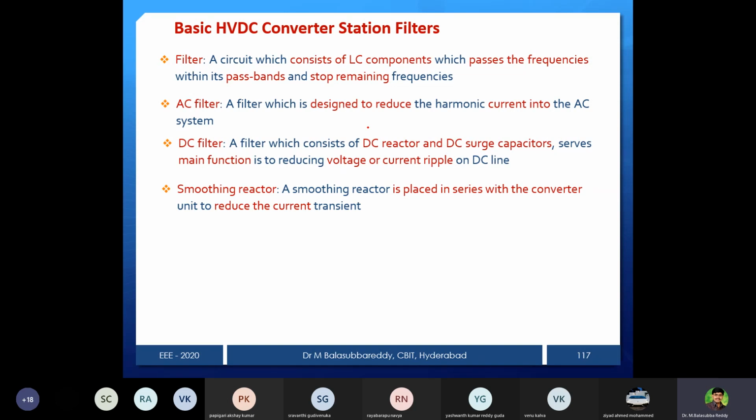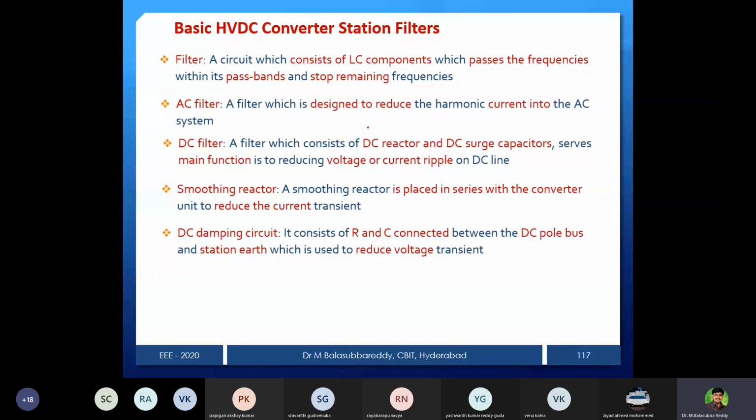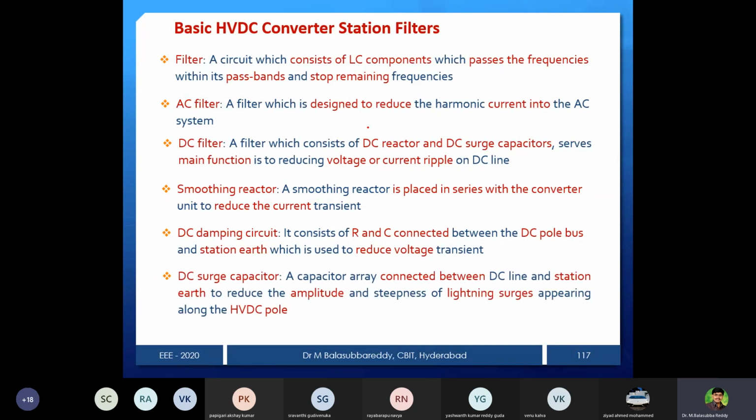A smoothing reactor is placed in series with the converter unit to reduce the current transients. And the DC damping circuit consists of an RLC connected between the DC pole bus and the station earth, which is used to reduce the voltage transient.